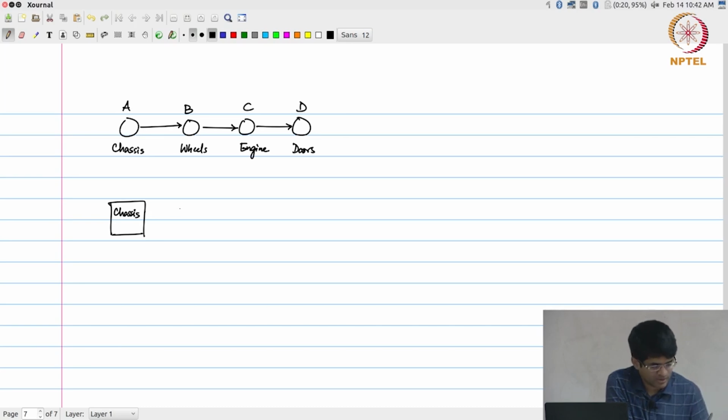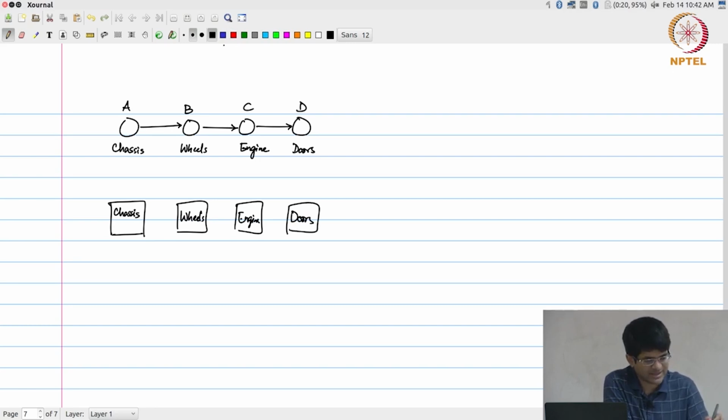Okay. Then there is another place where wheels are fitted, another place where the engine is fitted, and the final place where the doors are fitted, which means that the car itself basically would go through all of those stages one by one. Okay. So the way that it would work is, at time 0, so to say, the first car would appear over here, okay, and it would get the chassis put in place.